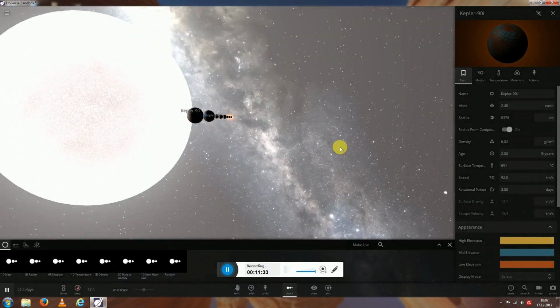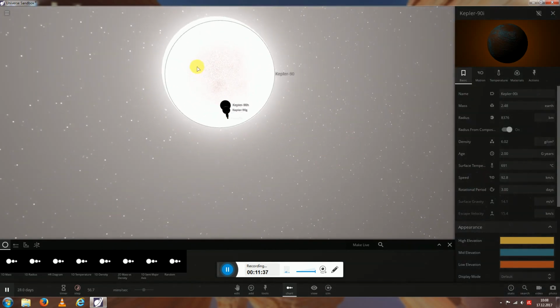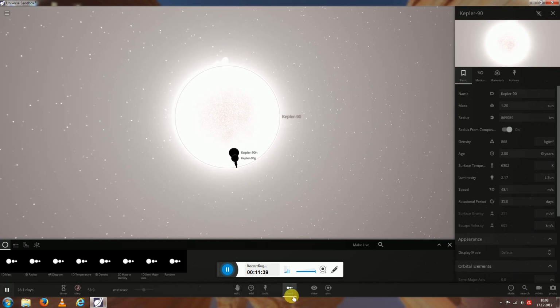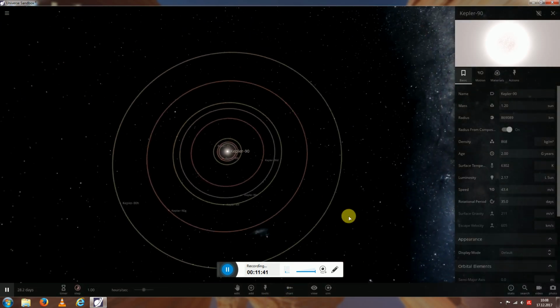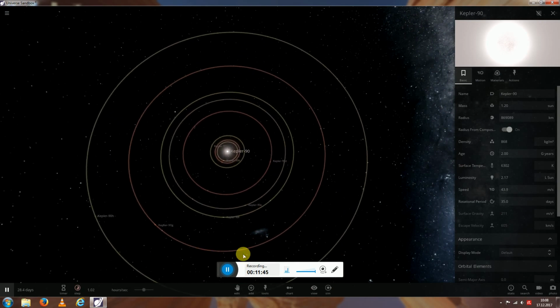So yeah, there are probably more planets that orbit the star, because our own solar system is also quite a bit larger than this one.